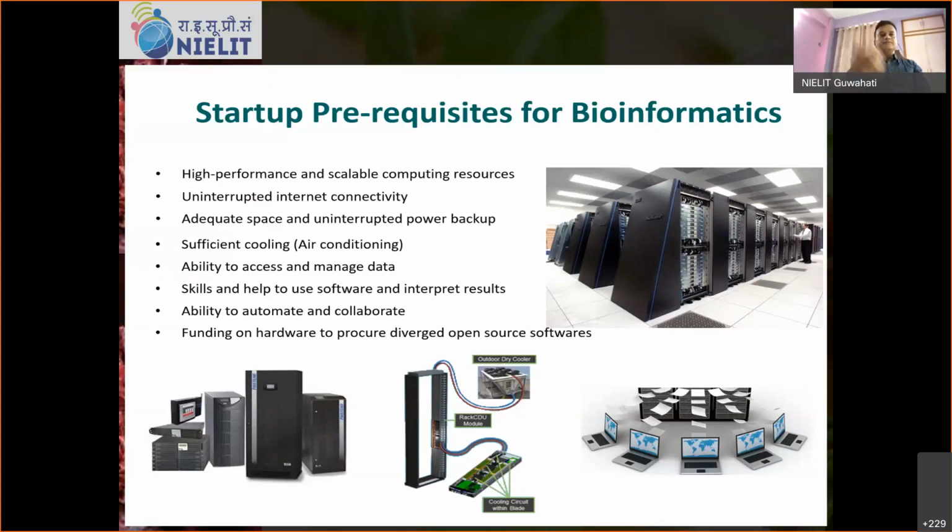These are some big servers and other hi-fi bioinformatics setups: high-performance and scalable computing resources, uninterrupted internet connectivity. You can use already developed resources like IIT Delhi. They have a supercomputing facility, SCFBio, the supercomputing facility for bioinformatics.